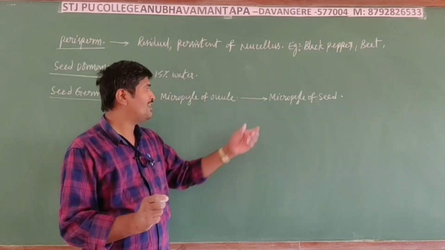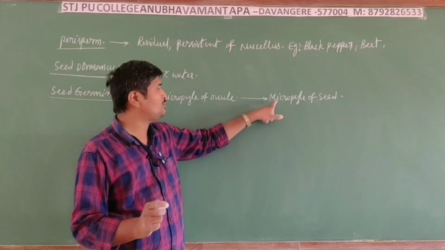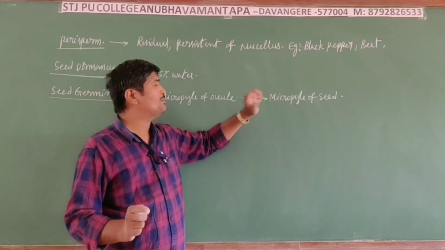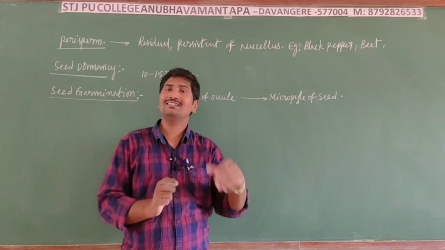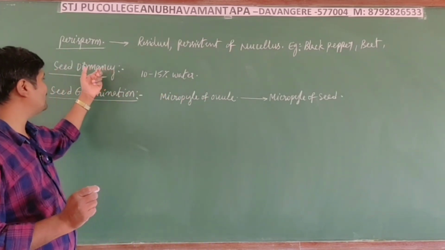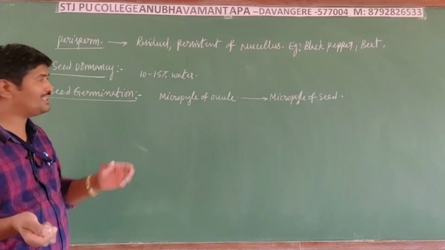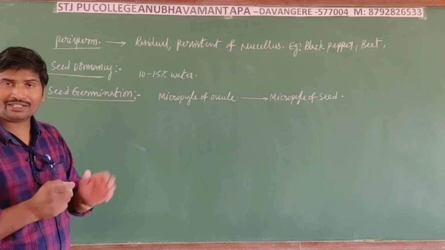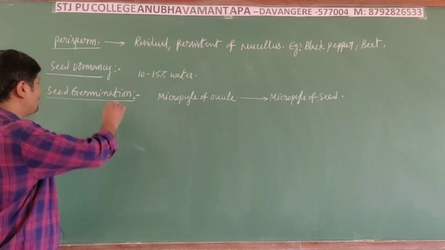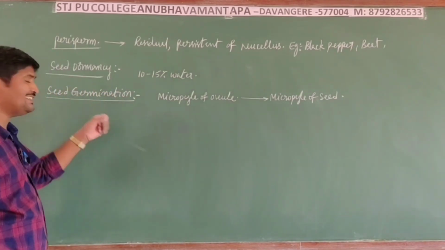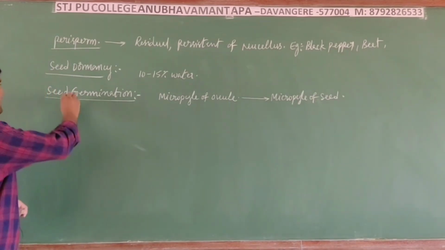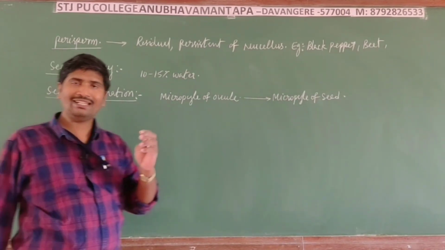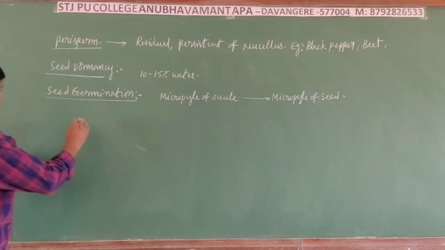So oxygen and water enter into the seed through the micropyle, and then the seed loses its dormancy and all metabolic activities become active, which leads to seed germination.